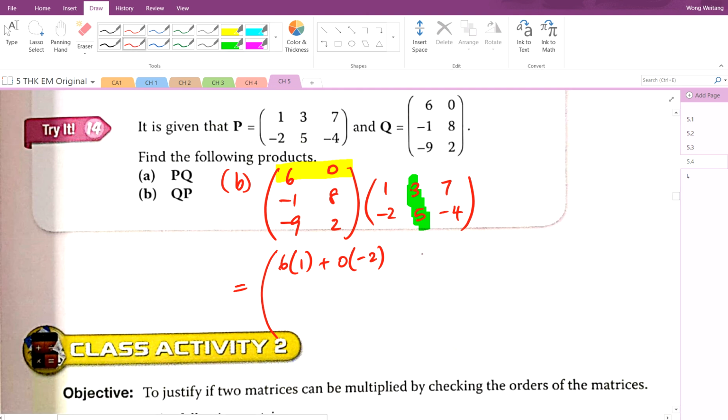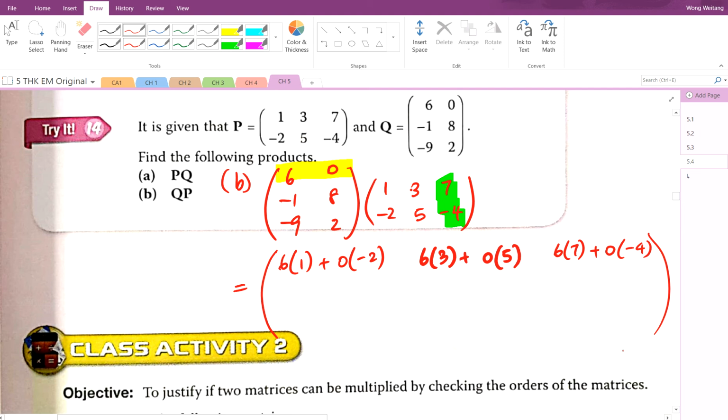What do we have? 6 times 3 plus 0 times 5. Move on to the first row, third column. And that will be 6 times 7 plus 0 times -4. Okay, so you see now I have 3 columns already. And I'm expecting 2 more rows, because eventually it's going to be 3 by 3. So remove this.